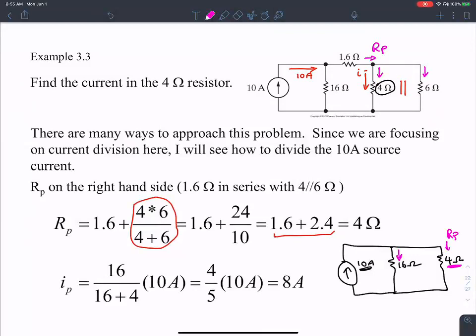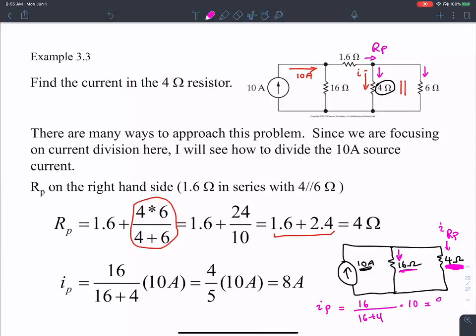The current through this, IP, if you're trying to find the current through this resistance, you have to do 16, the other resistance, over 16 plus 4 times 10.